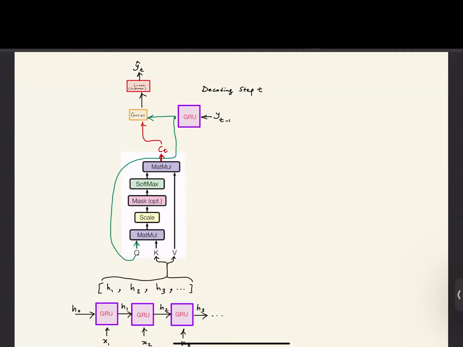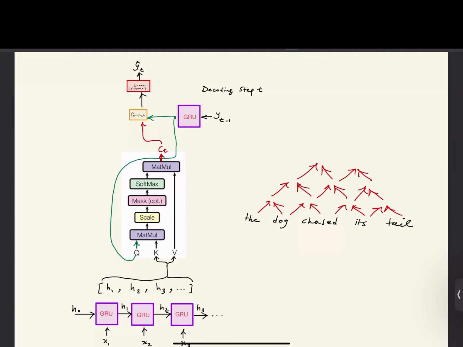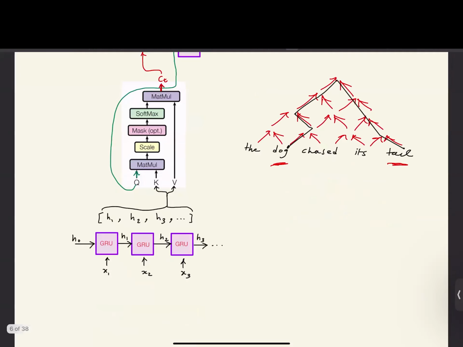So if we use a CNN, for example, for a sentence like the dog chased its tail, with local filters like this, for an important relationship like dog and tail, we have to go up through many layers to meet. And information must pass through many layers, and this degrades the signal, of course. And we want to come up with a different way of doing this encoding.